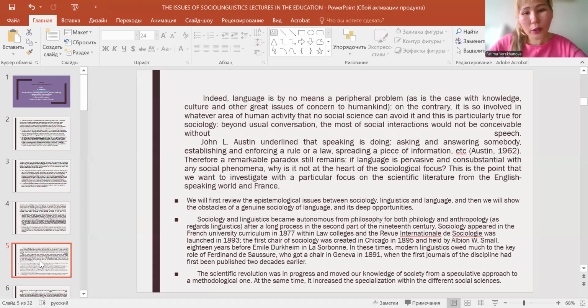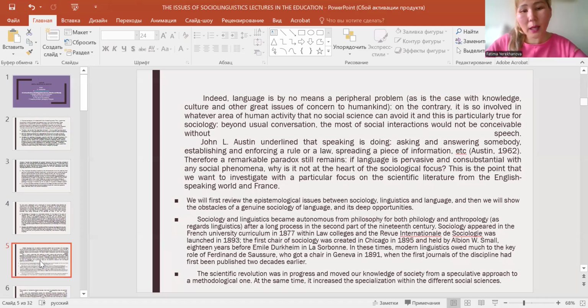Then as we have already stated about John Austin, he underlined that speaking is doing: asking and answering somebody, establishing and enforcing a rule of a law, spreading a piece of information, etc. This is how John Austin sees the situation from his point of view.